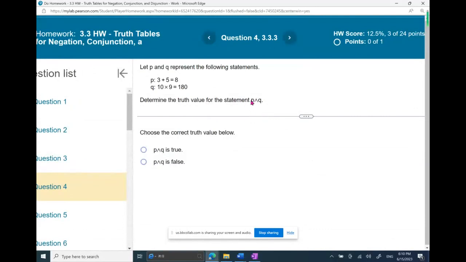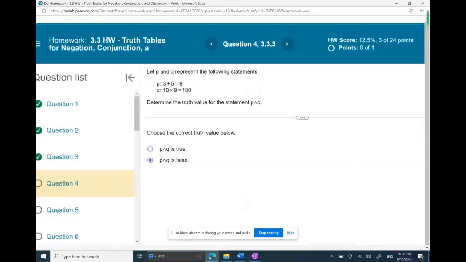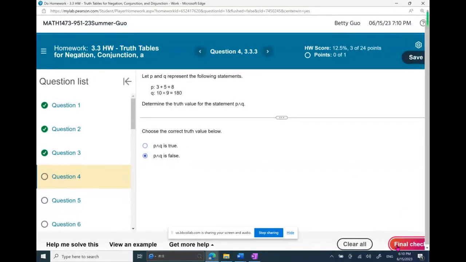Remember, in order for the conjunction to be true, both component statements have to be true. But Q is false, so the conjunction is false. In our case, P is true, Q is false, so P and Q is false.